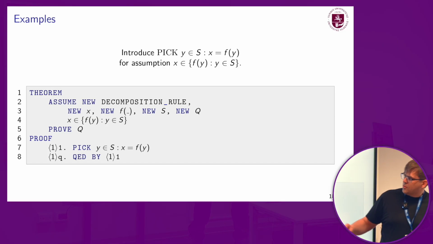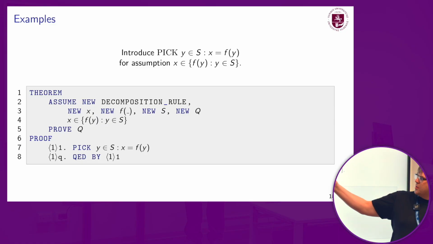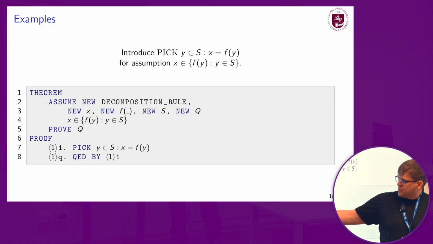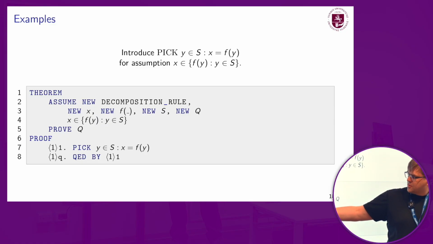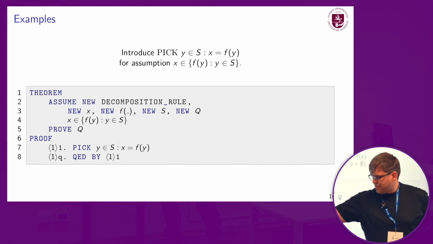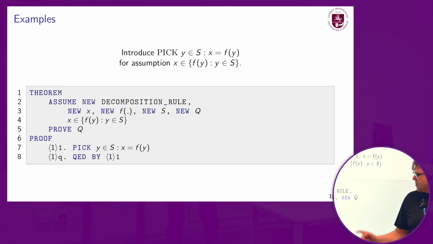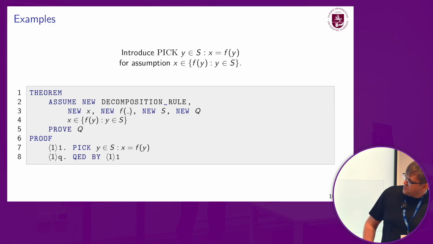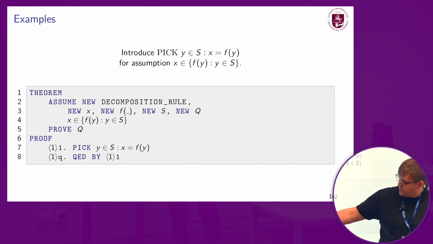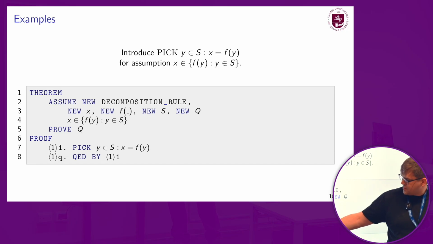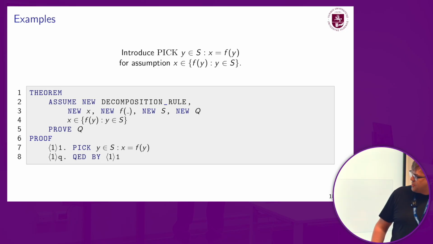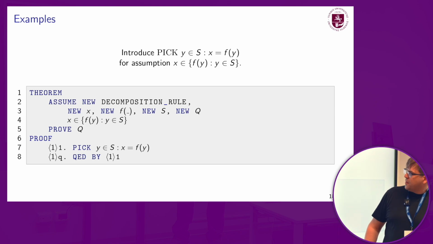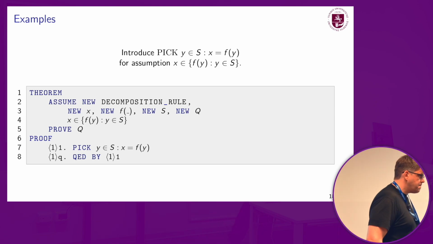And then, since this is about the assumption, we put this rule into the assumptions part, and the goal can be anything. So without any restriction, that placeholder will match anything. And it introduces that pick step here and adds it to the current QED step.